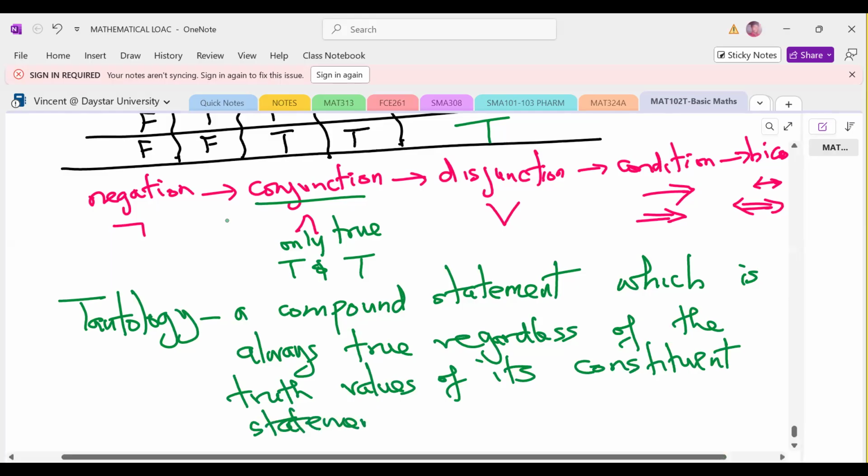So when you draw a truth table for a tautology, you get T everywhere throughout. Okay?